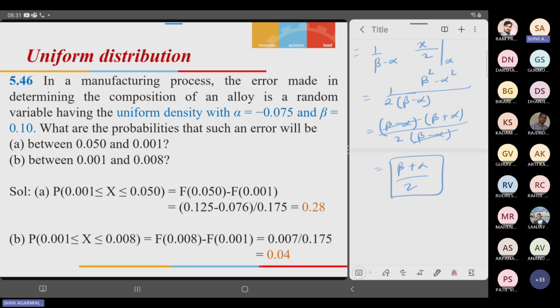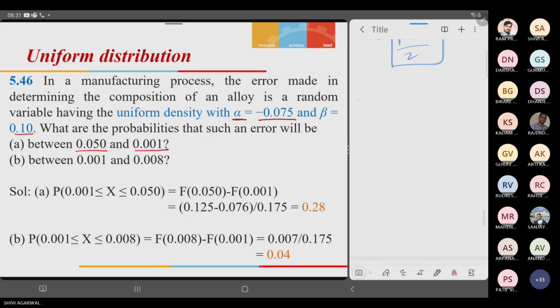Now one question we are doing here: in a manufacturing process, the error made in determining the composition of an alloy is a random variable having the uniform density with alpha equal to minus 0.075 and beta equal to 0.10. What are the probabilities that such an error will be between these values? This is question number 5.46.